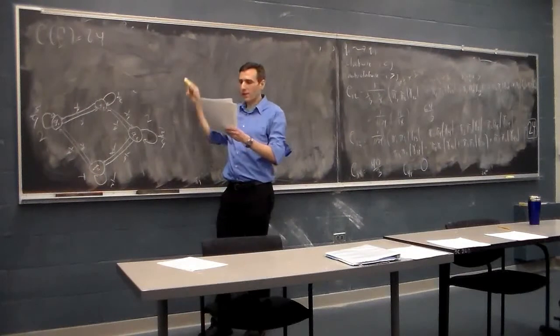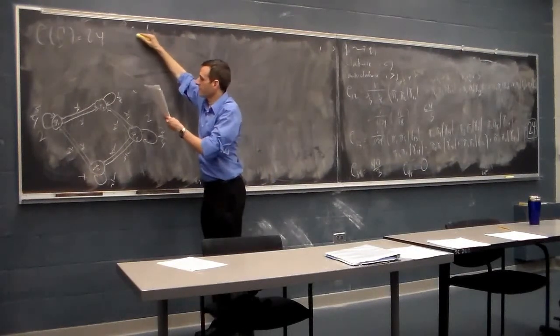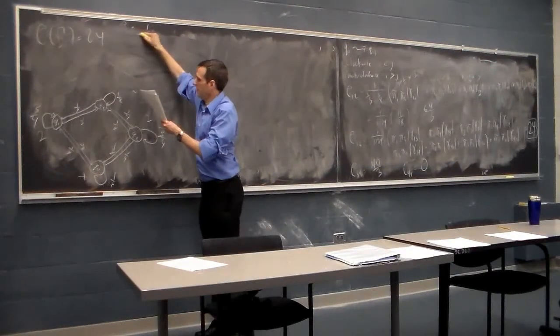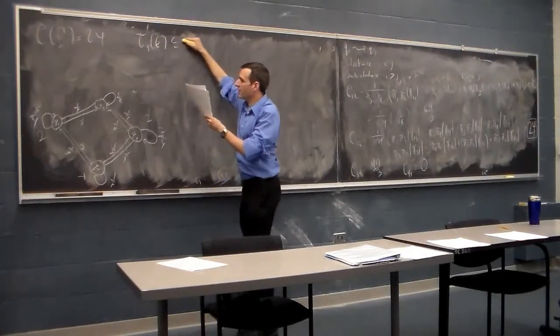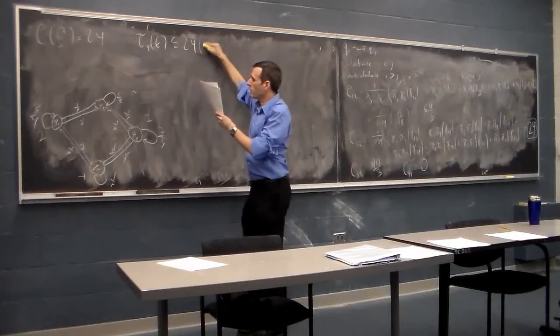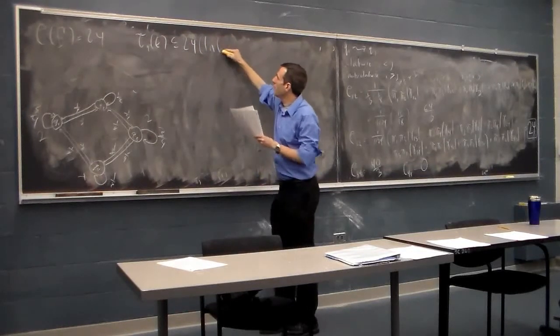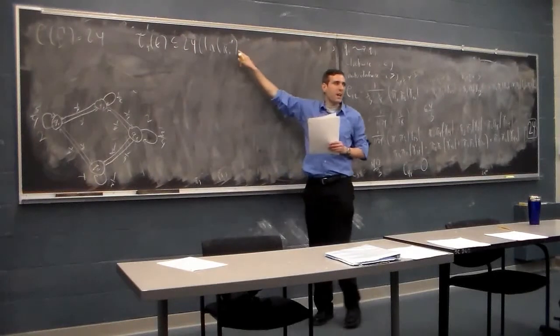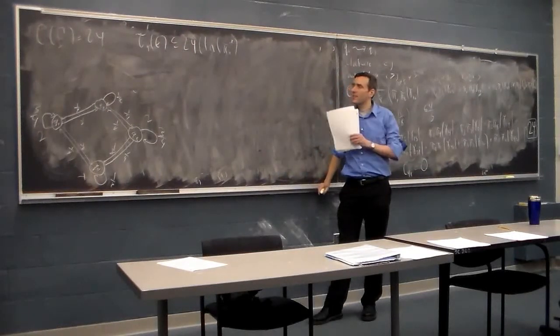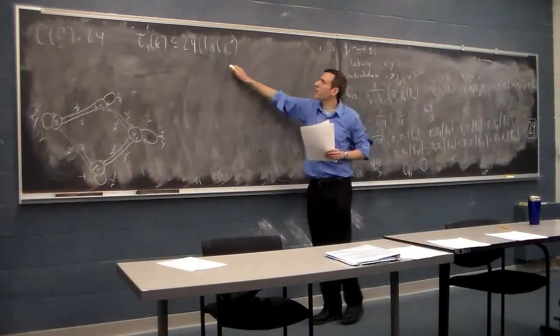And that means that according to our theorem, the mixing time, tau sub q of epsilon, is going to be less than or equal to 24 times the log of pi I inverse. So pi I is going to be the stationary probability of our starting state, and we can actually put a bound on this.